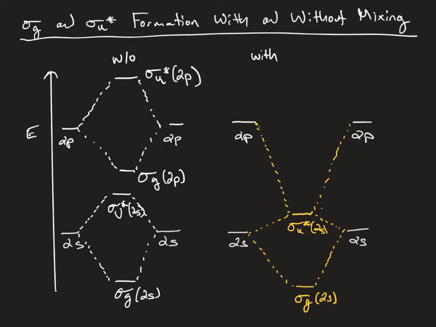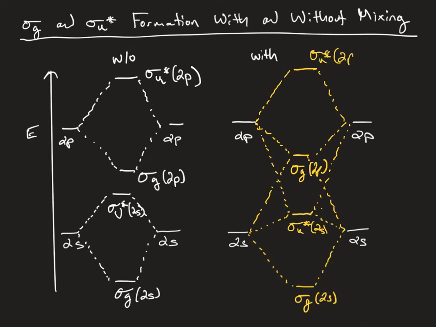The sigma g from the 2p, which now has a little bit of 2s character. And then the sigma u star from the 2p.